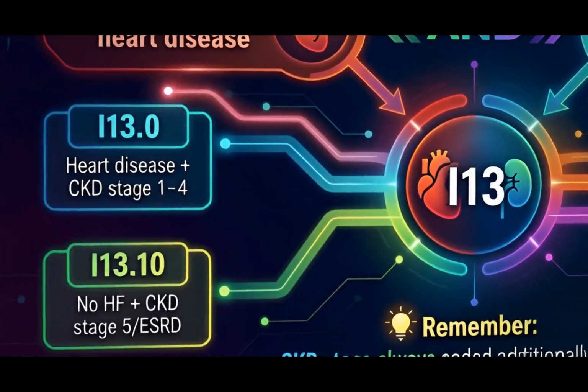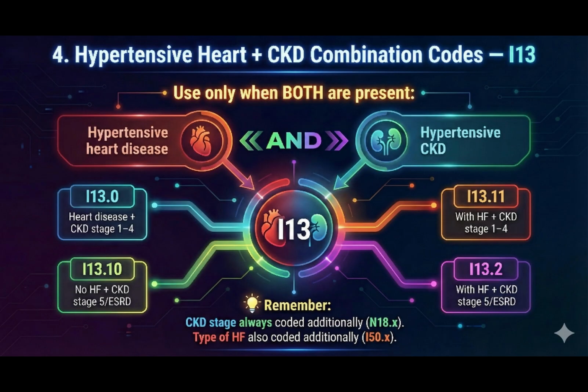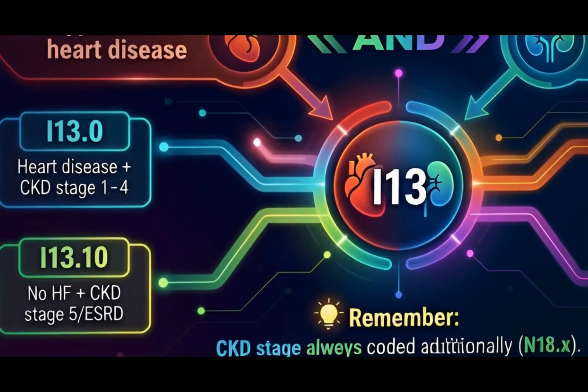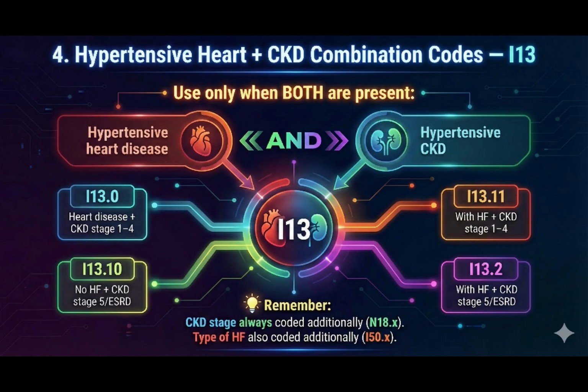I13.0 is used when the patient has hypertensive heart disease plus CKD stage 1 to 4 and no heart failure. I13.10 is assigned when there is hypertensive CKD stage 5 or ESRD, again without heart failure.